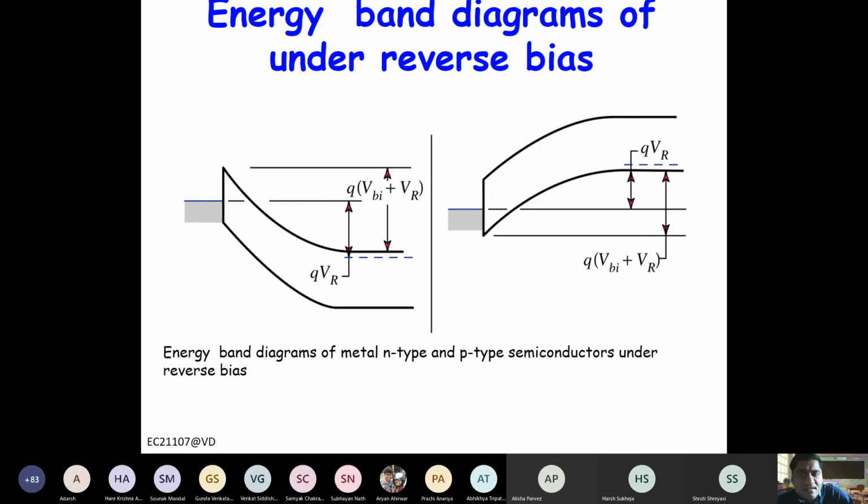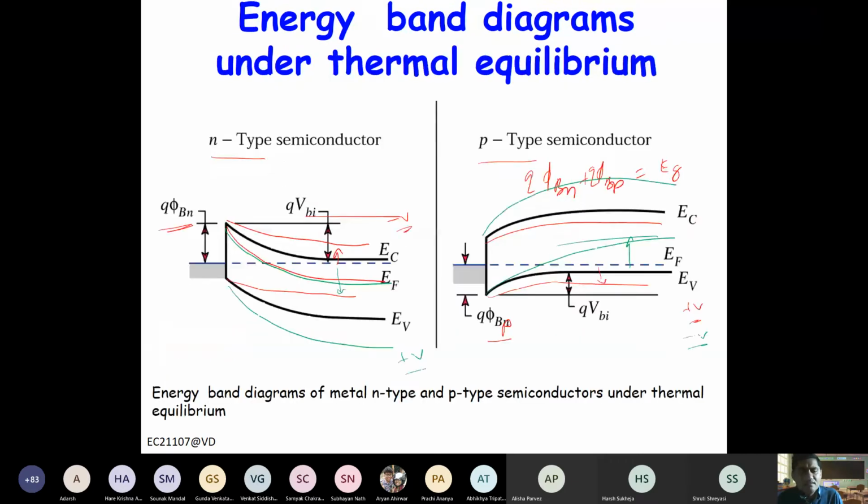Now, let us think about what is happening inside the semiconductor and the metal interface. If you recall, on metal and semiconductor, these bands are bending. Let's consider n-type semiconductor only. What is happening here? Between the Fermi level and the conduction band edge, the gap is large here, right?